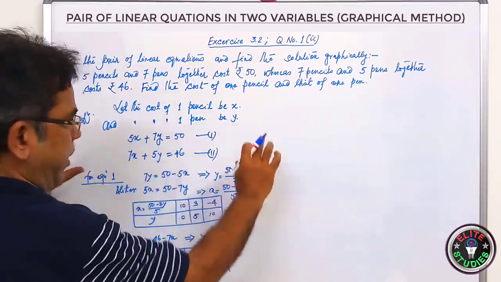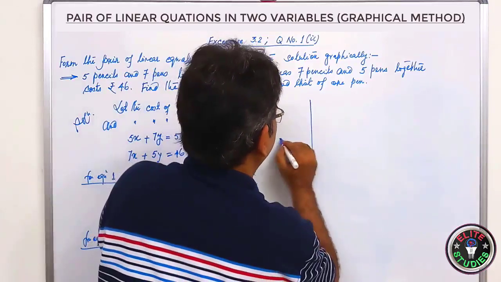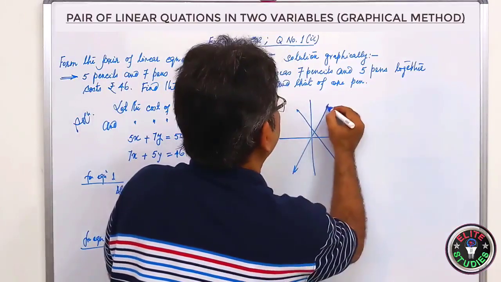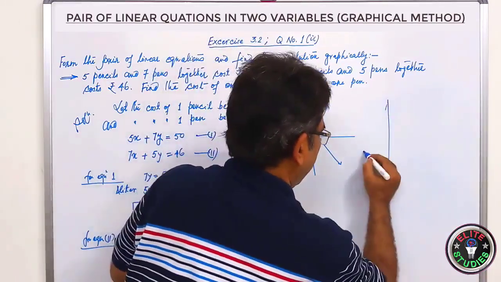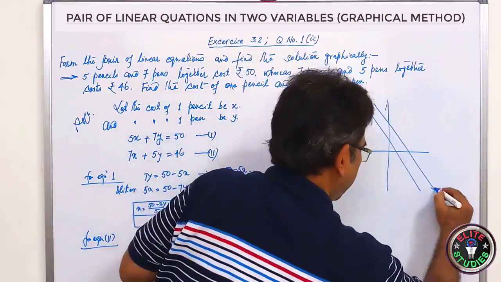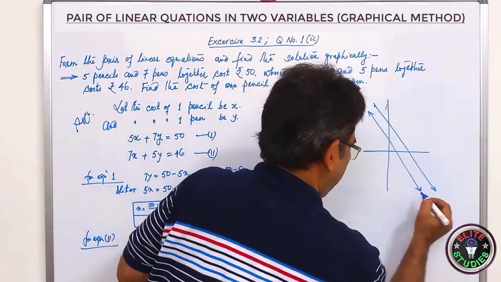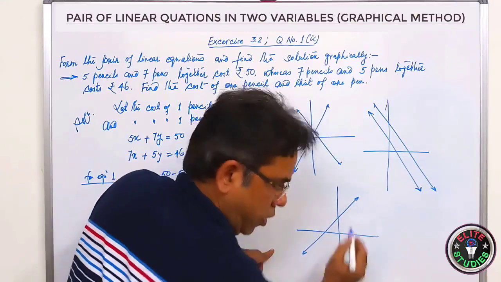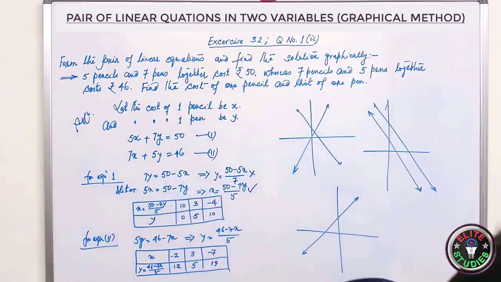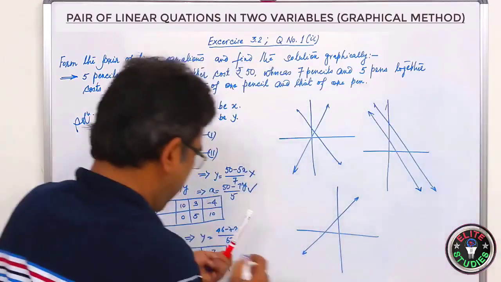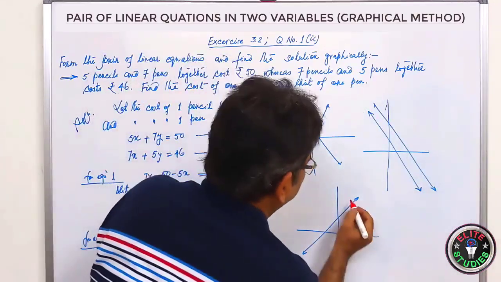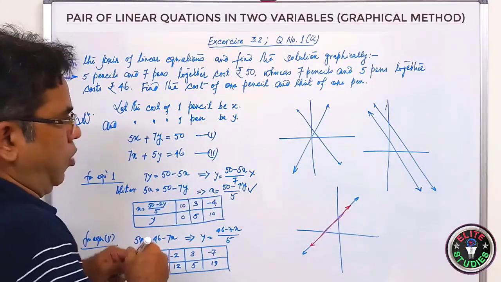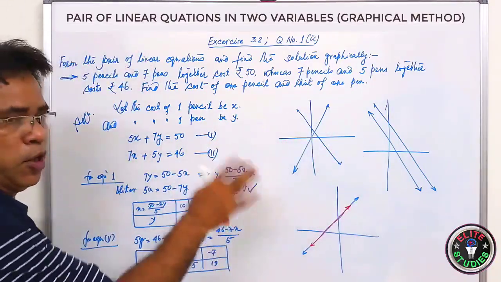If there are two equations given like this, either they will be intersecting, as we have seen, or they may be parallel like this, or they may be coincident, overlapping one another like this. Only these three conditions are possible.